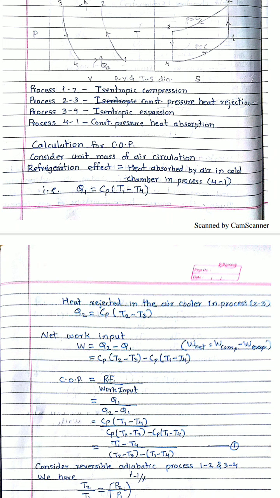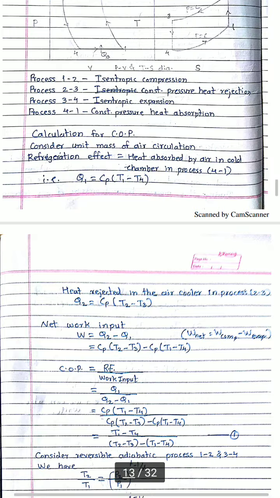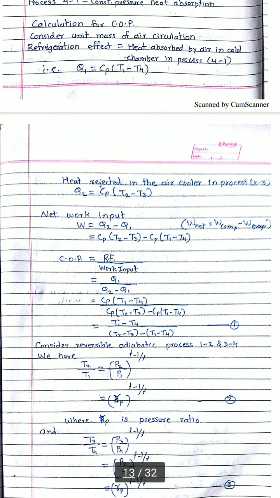Now the net work input is there. We have to derive the formula for the COP of the Bell Coleman cycle, and we know the formula for COP: it is the refrigeration effect to the work input. In this problem, the refrigeration effect is the heat absorbed by the air, that is Q1, and work input is Q2 minus Q1. So COP is equal to Q1 upon Q2 minus Q1.